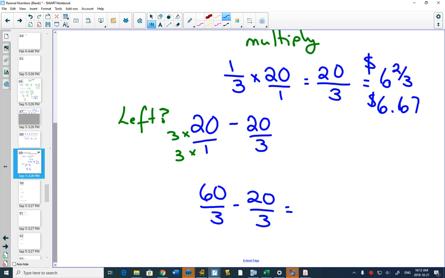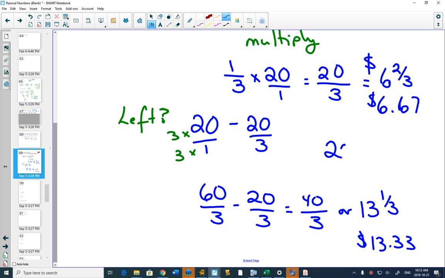Leaves me with 40 over 3, or this works out to 13 1/3, or as a decimal, $13.33. If you had changed it to a decimal, you could have gone to your calculator and done 20 minus 6.67 and got 13.33 there as well.